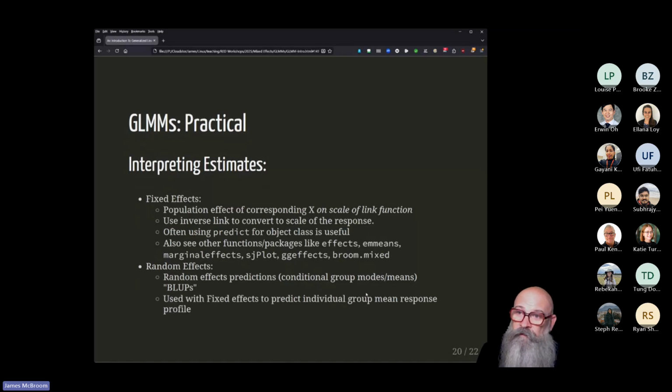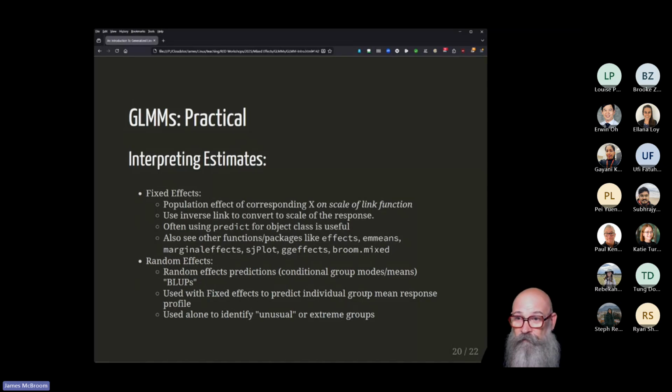You can use them together with the fixed effects to get a group by group response profile if you wish, or you can just look at them on their own to see which groups deviate the most from the population. Remember, the random effects interpretation is how each group deviates from the population effect.